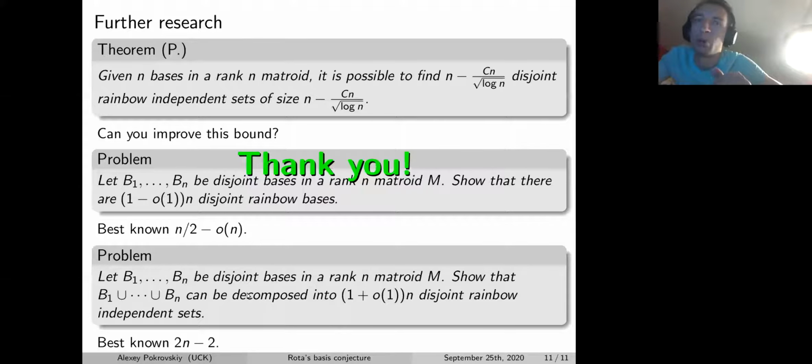But for problem 1 in the paper, I think the statement was that you want to find n disjoint rainbow independent sets of this size. I think that you can black box it from the theorem.